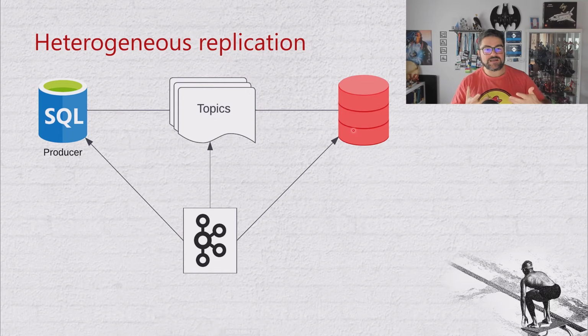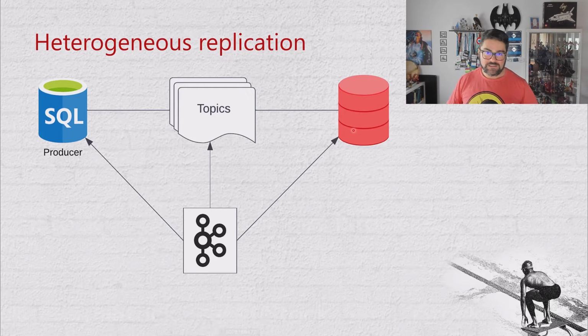But that's a scenario where heterogeneous replication comes into place. I have a SQL Server publisher, and I have, for example, an Oracle subscriber, or I have an Oracle publisher and a SQL Server subscriber. That's how it used to work, or that's how it used to be supported.